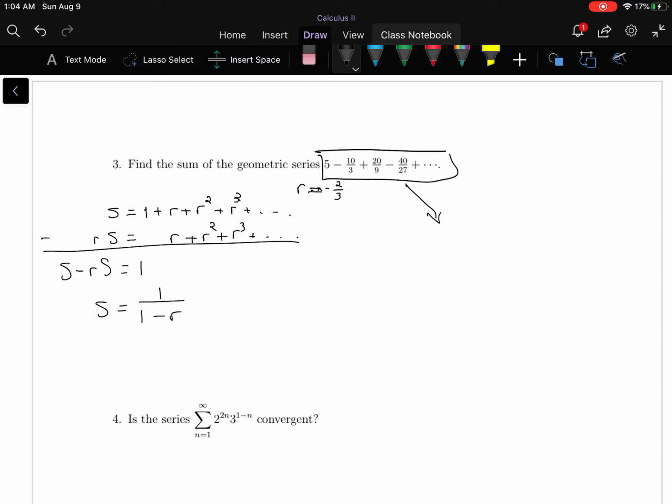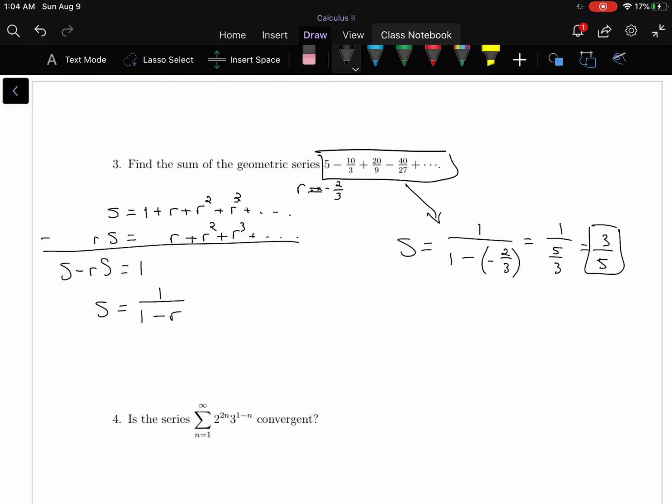And now that we know the formula for it, we have s is 1 over 1 minus negative 2/3, which is 1 over 1 plus 2/3, or that is going to be 1 over 5/3, which is the reciprocal, 3/5.